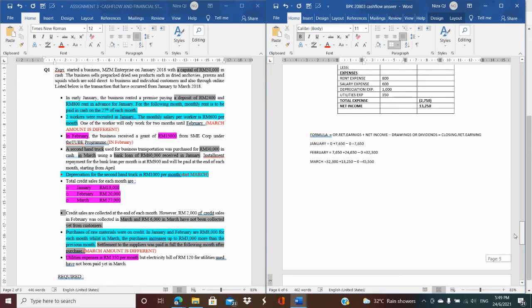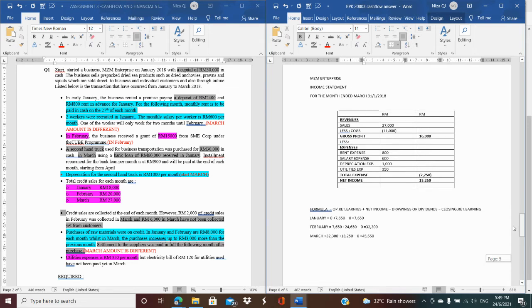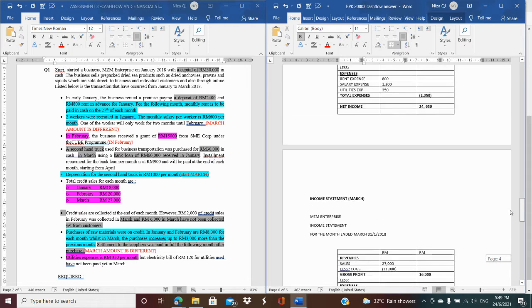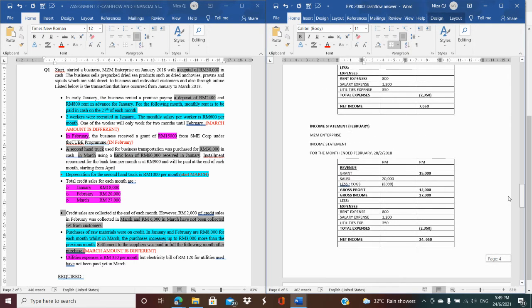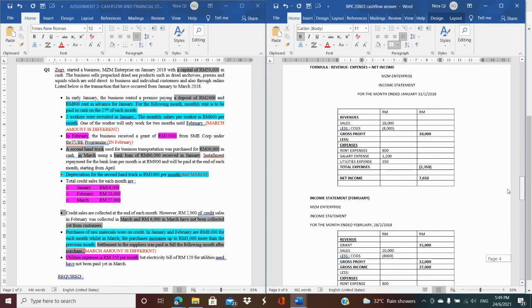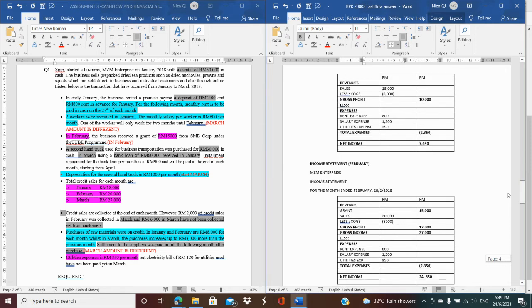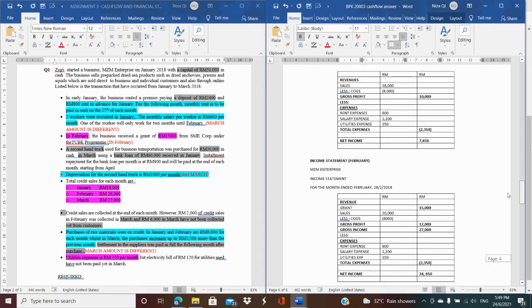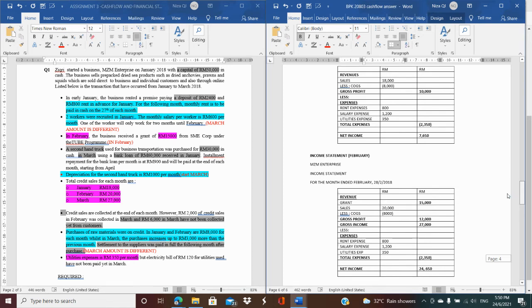Let me check whether the addition is wrong. Depreciation 1,000, utilities 350. The income statement is correct.